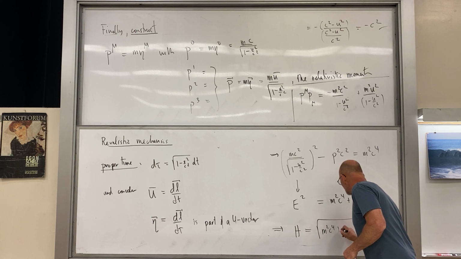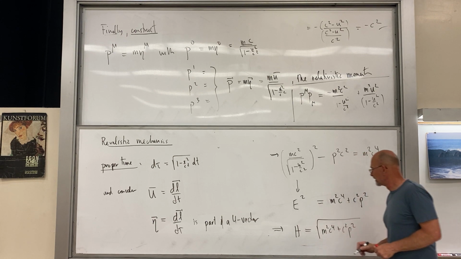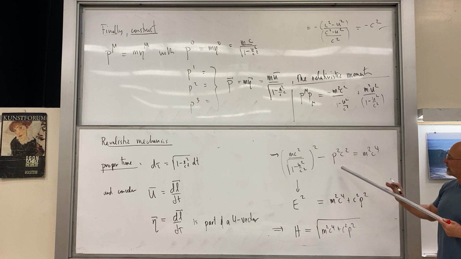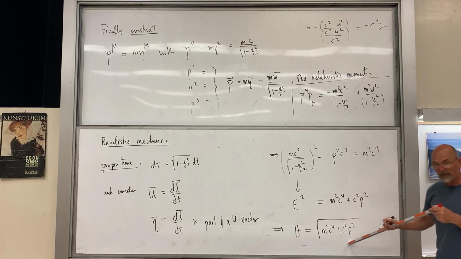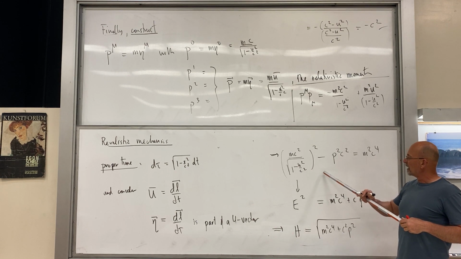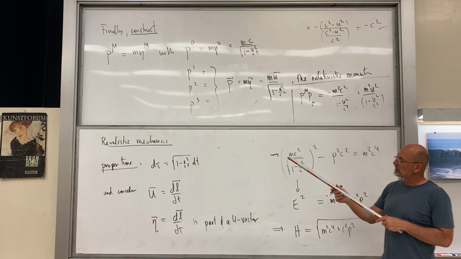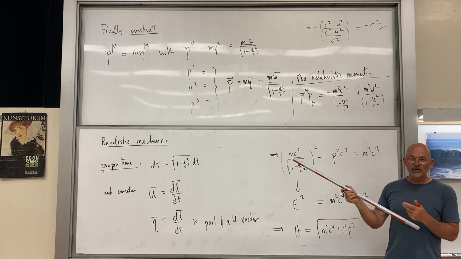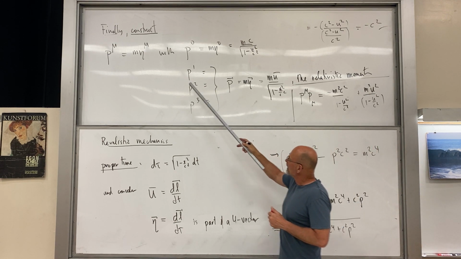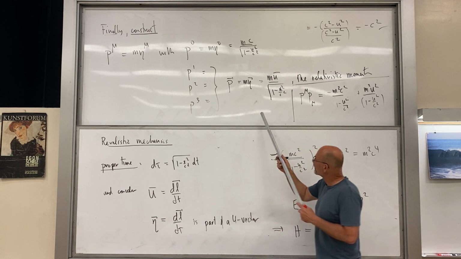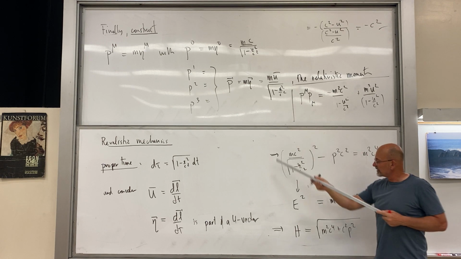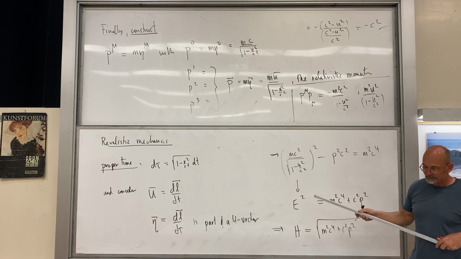M squared c to the 4th plus c squared p squared. Okay, so I'm going to leave it at that. That at least came full circle on these expressions that we've been using. So yeah, you get the same thing. When you do the Lagrangian, you're actually inventing a Lagrangian that gives you the right answer. And in a sense, you're doing the same thing here. You're inventing some quantities that give you the correct limiting case, and then you identify that as the momentum. You identify that as the energy.